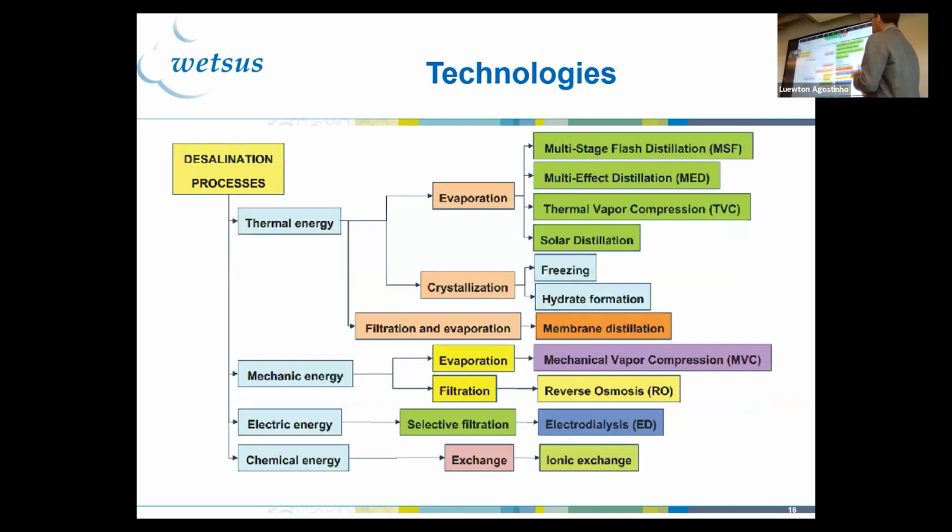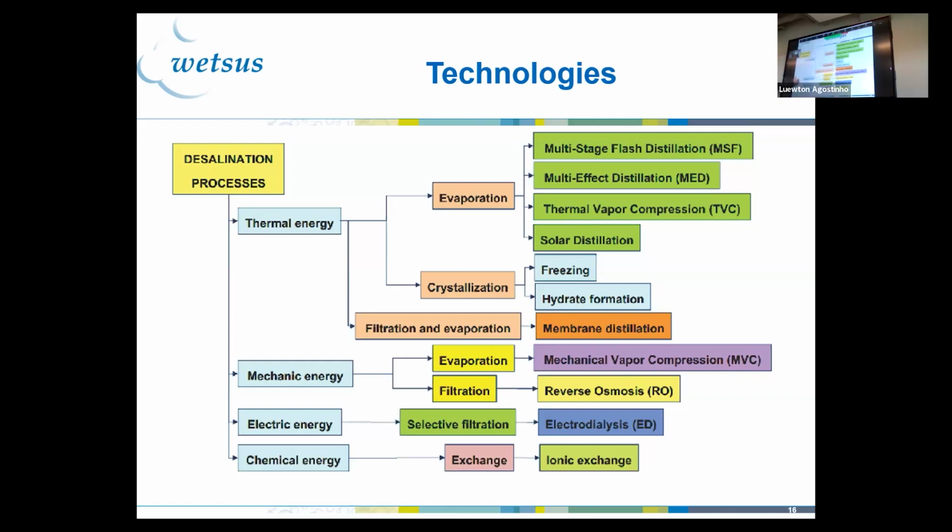Okay, but if you look at the number of possible desalination processes that we have now, there are quite a lot. So I like to separate them basically into the thermal energy systems, and these are the systems that I worked on during my PhD. So systems that use a thermal source to evaporate and therefore remove the salt from the water.